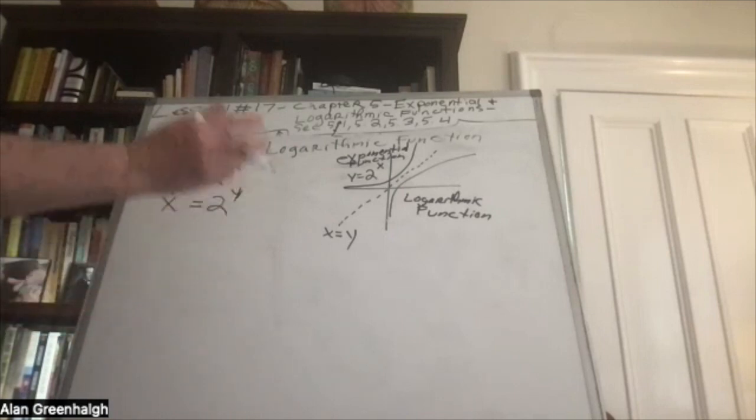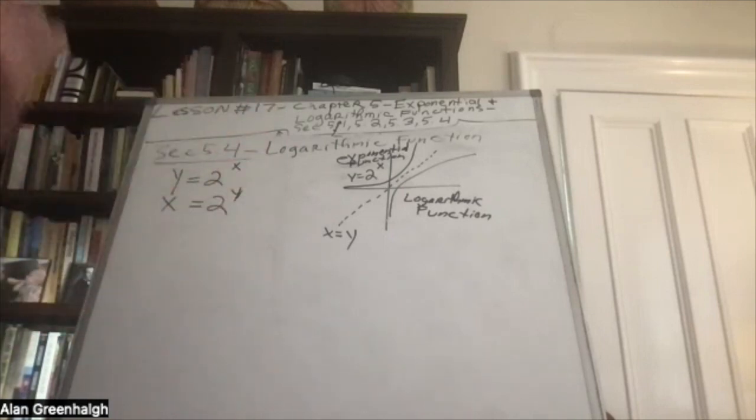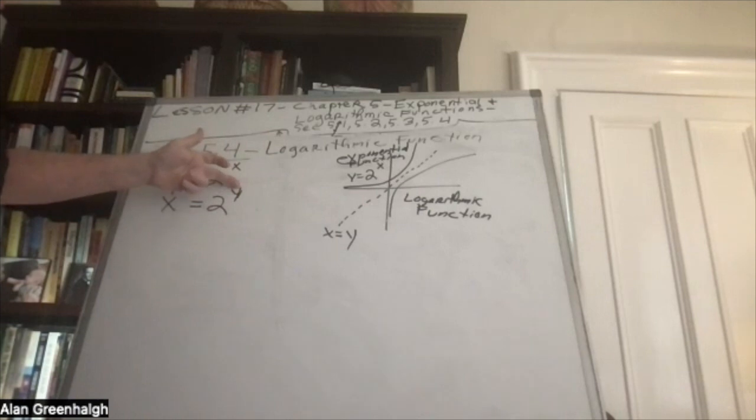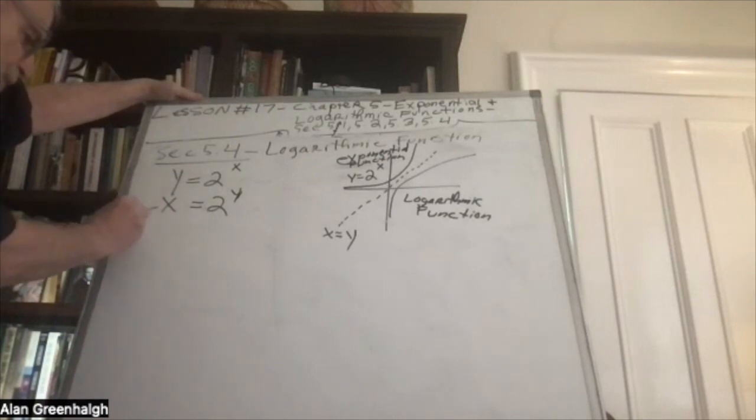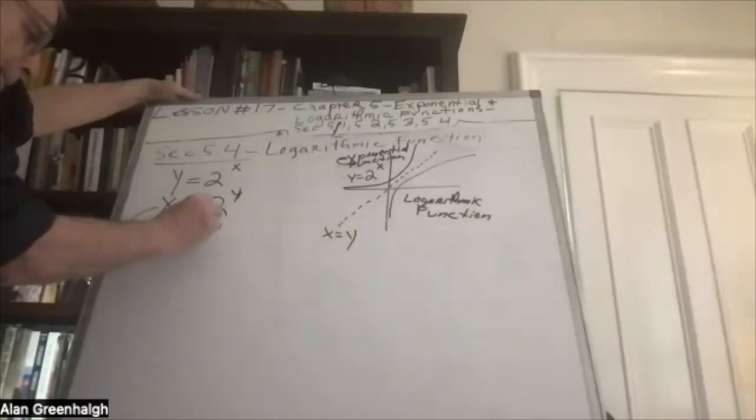Therefore, when mathematics confronted this hundreds of years ago, they came to the conclusion, hey, we need a way of expressing the inverse. There is no way of finding out what y is equal to. So we have to create a new function. And that new function is going to be called a logarithmic function.